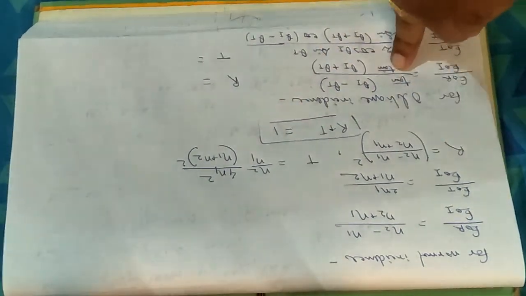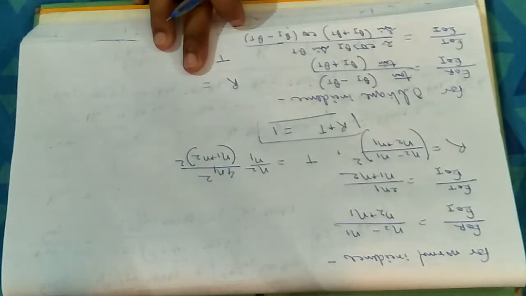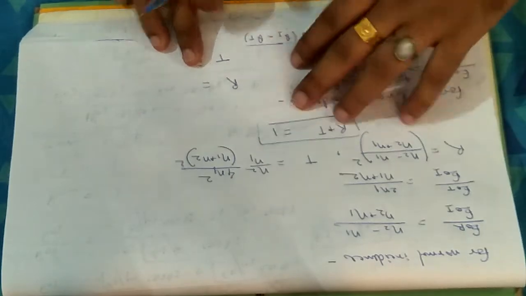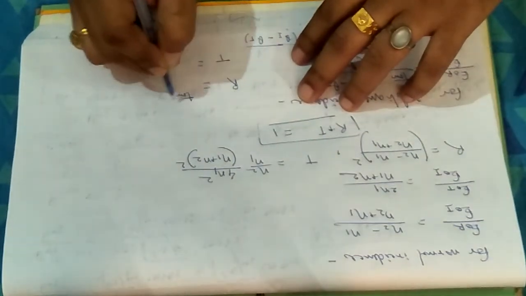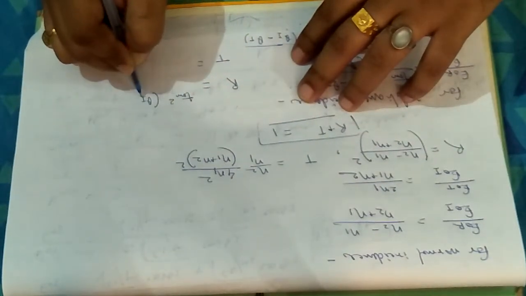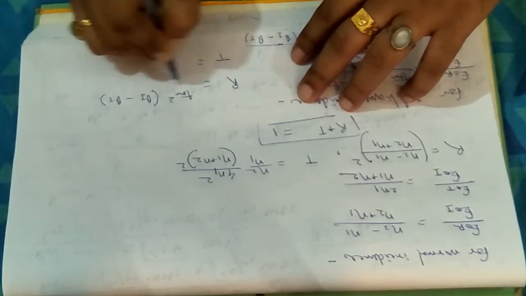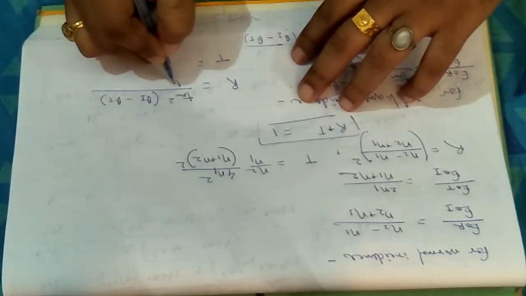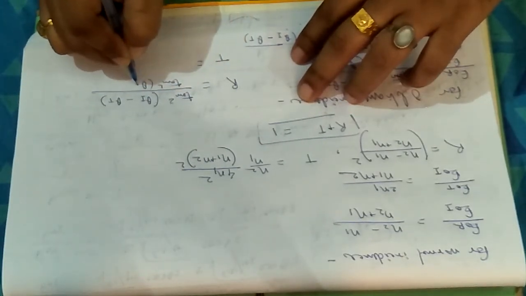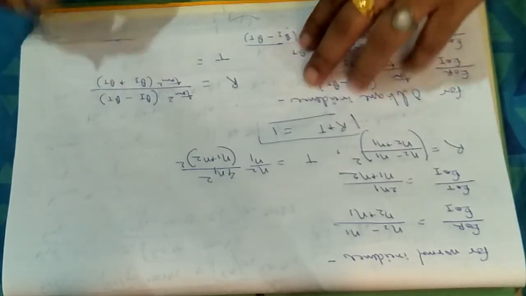The value of R for the oblique incidence, if you consider, will be equal to tan square of theta I minus theta t divided by tan square of theta I plus theta t.